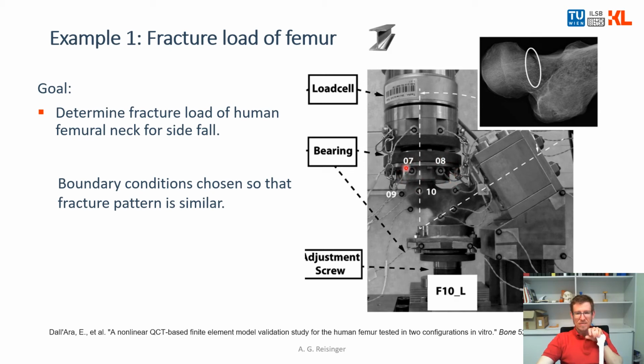The machine was pressing downward in this direction, and after some millimeters, the neck of the sample would break in exactly the same fashion as it would happen for an actual patient falling on the side. So we could say here that we created sufficient physiological boundary conditions for this particular research question.